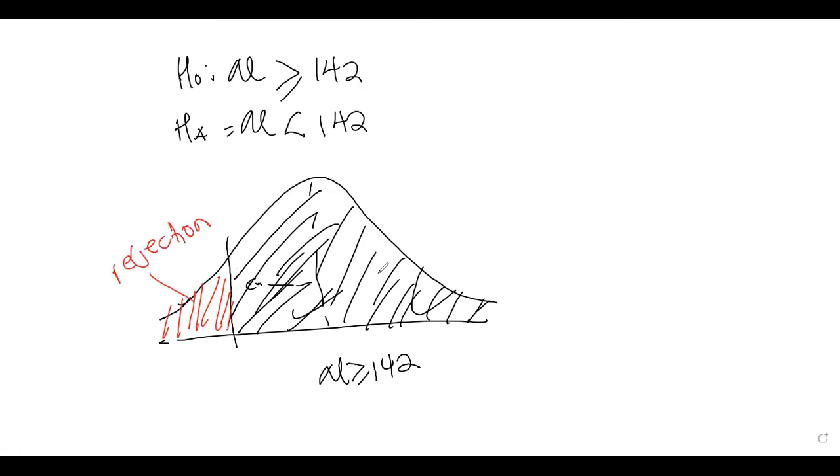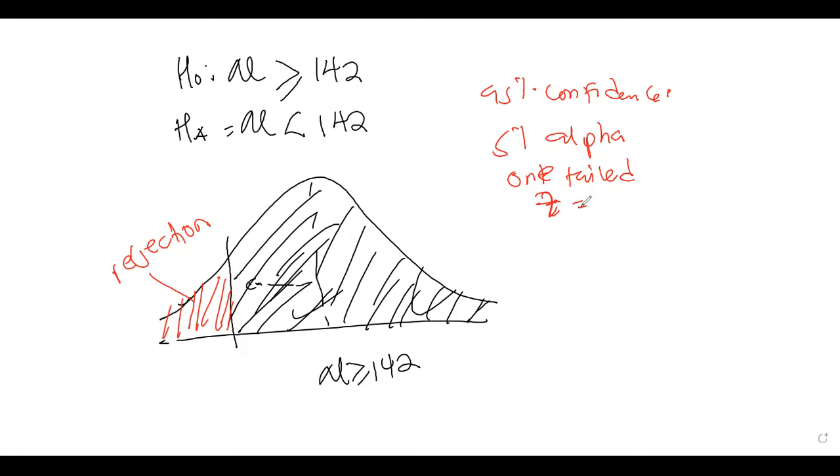All right. Now, if you are testing this hypothesis at 95% confidence, 5% alpha, and it is one-tailed, it means that the Z value for one-tailed at 95% is 1.645.